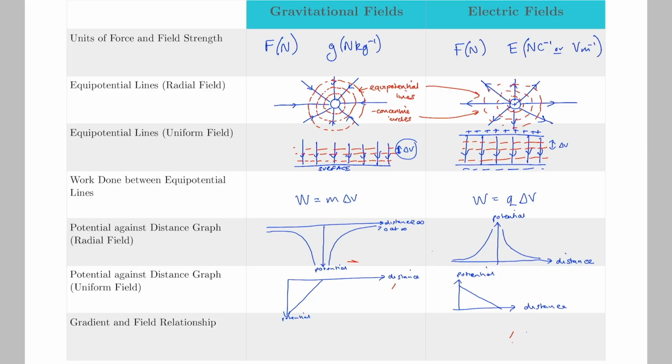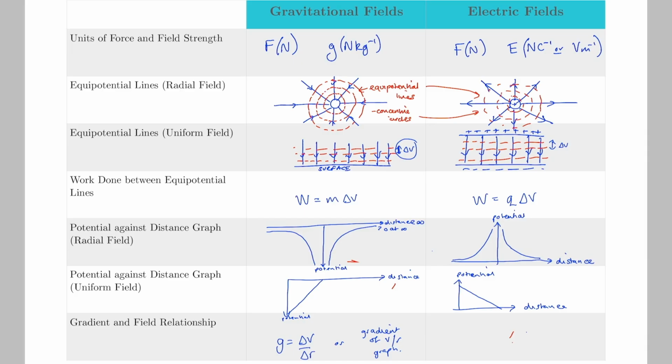Why am I using the term gradient? Because it's really important to realise that the gravitational field is equal to the change in potential against the change in distance, or it's the gradient of the V-r graph. So you can see for the radial field that the gradient decreases with distance from the mass. So that means that the gravitational field strength decreases with distance from the mass.